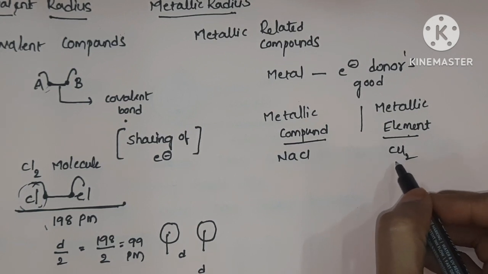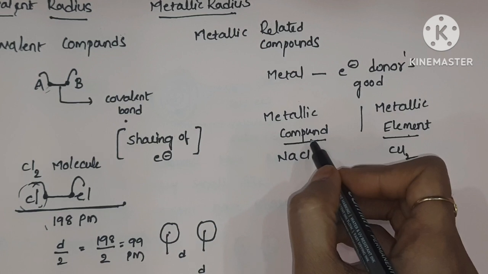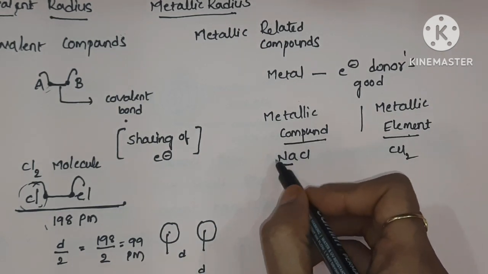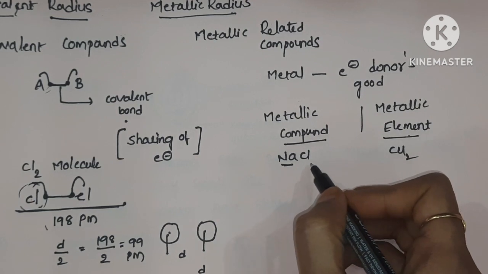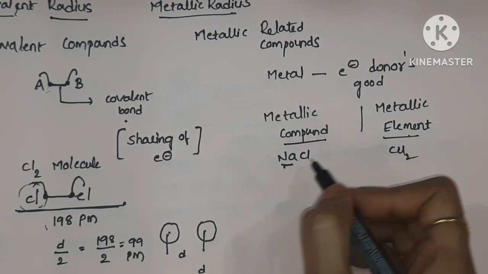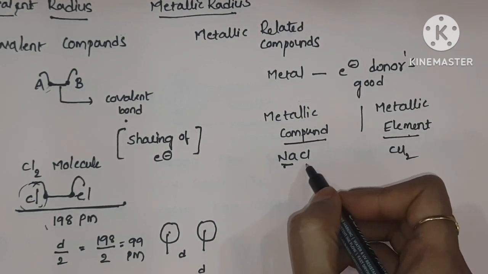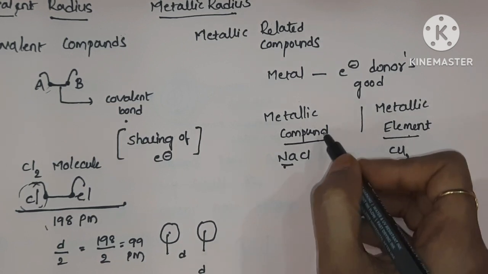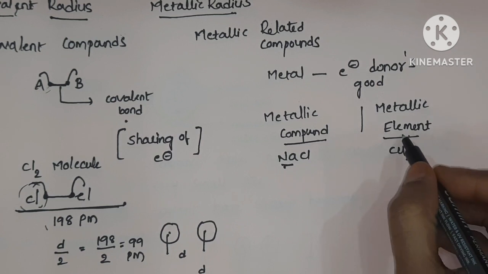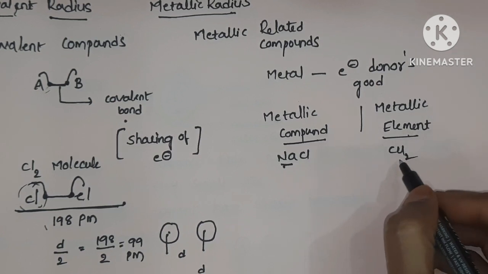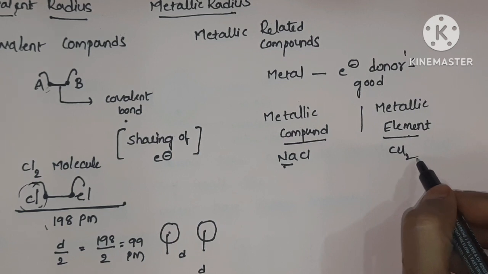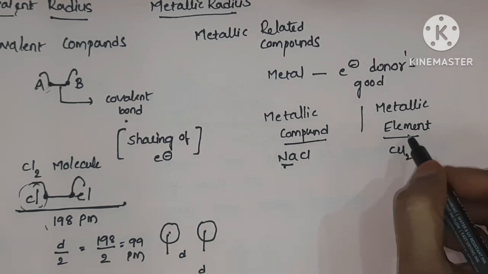Sodium is one element, chlorine is also one element. Sodium is a metal and chlorine is a halogen, right? So a compound has two or more different elements. An element means the same type of atoms, copper atom, copper atom. So this is the difference between compound and element.